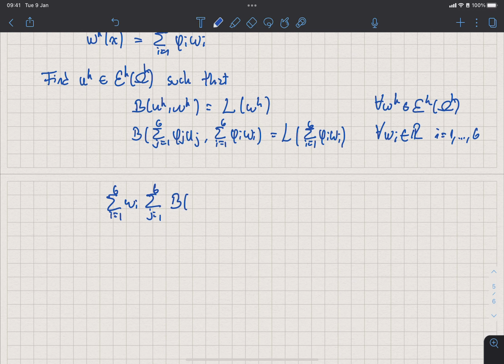And then what you get is, and again, I can do this because, remember, these are coefficients, so they can be taken out of the integral. And I'm going to copy this again.